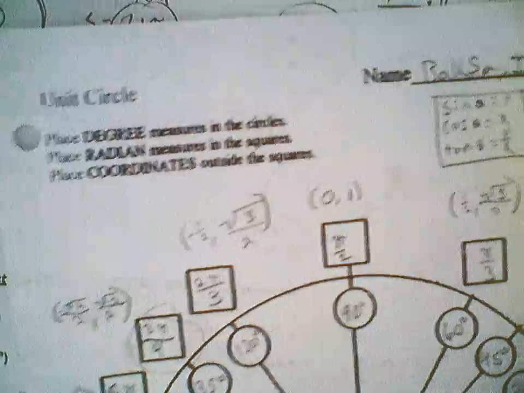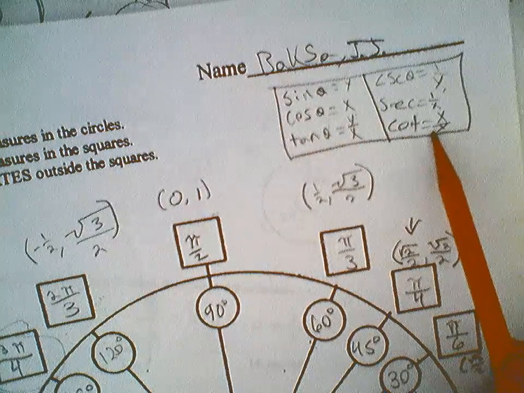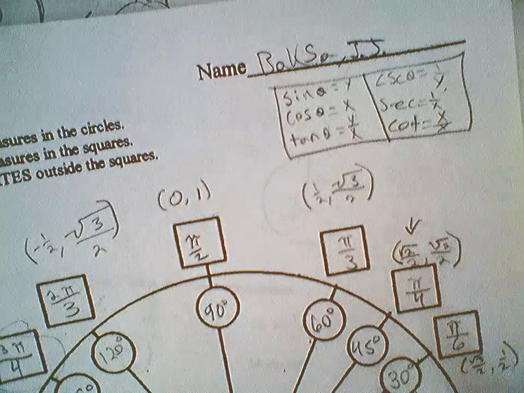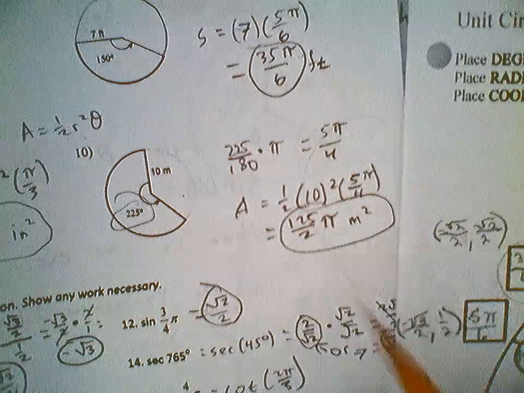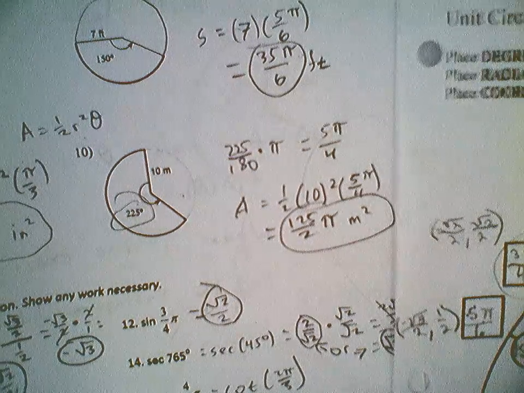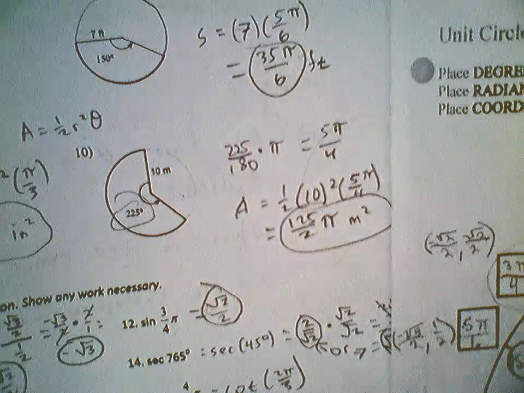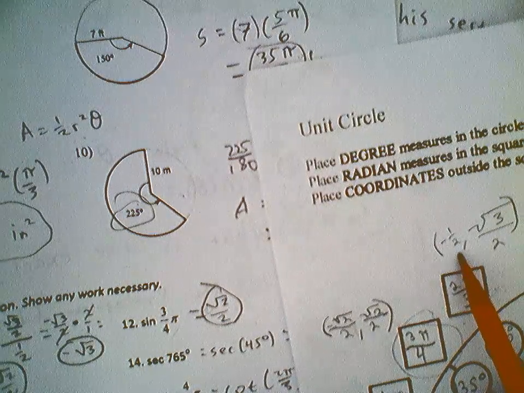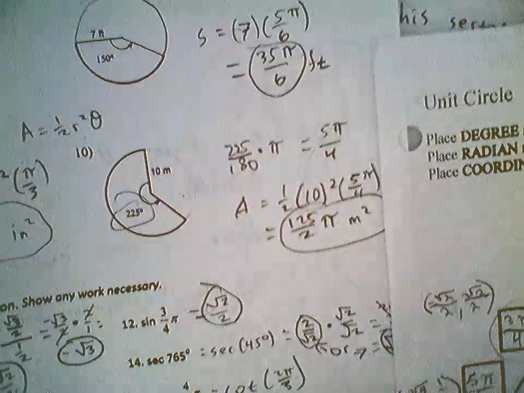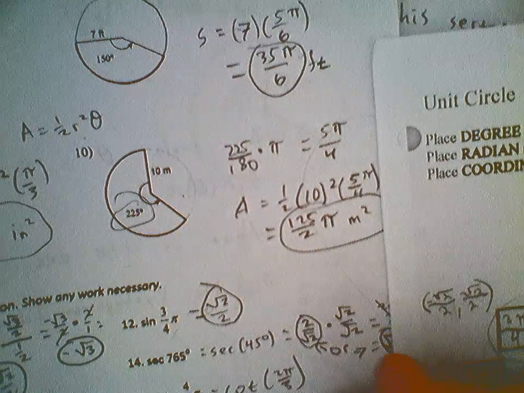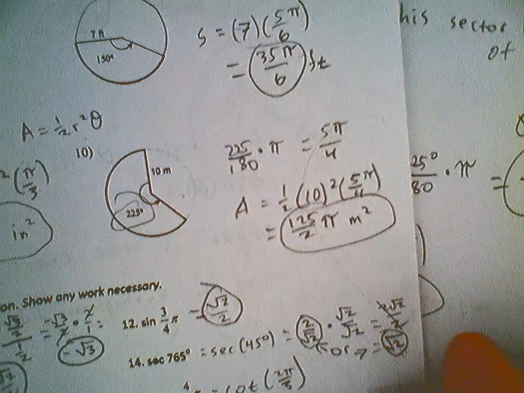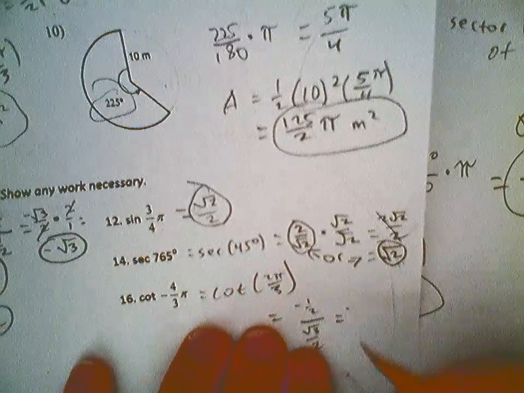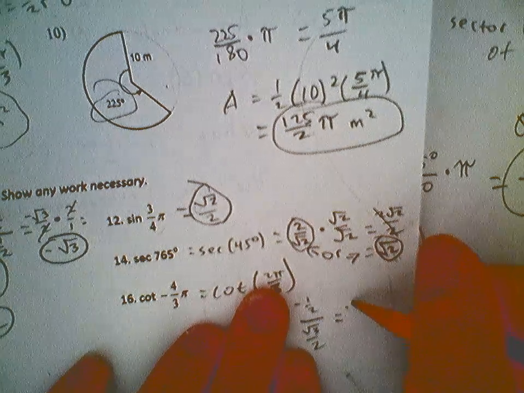And I'm doing cotangent, which is the reciprocal of tangent. So instead of doing y over x, I'm doing x over y. So I'm doing negative 1/2 on top, square root of 3 over 2 on bottom.